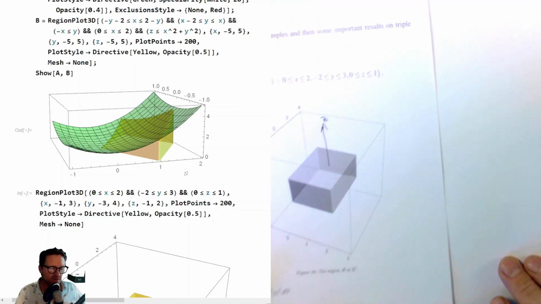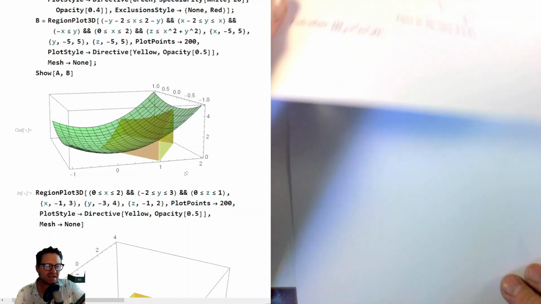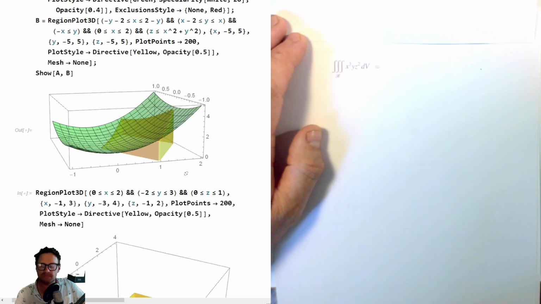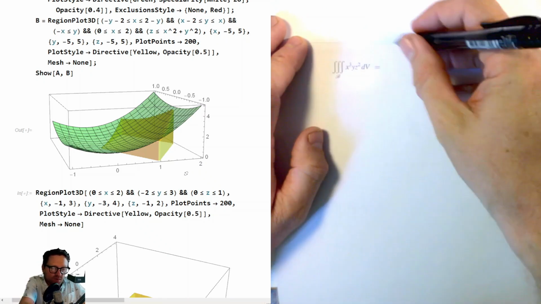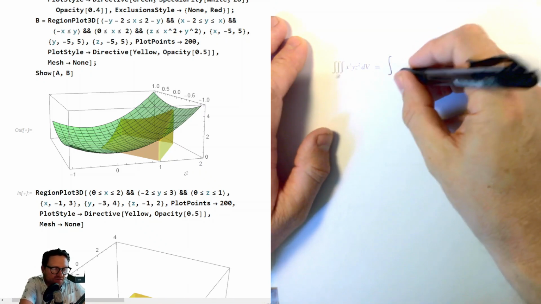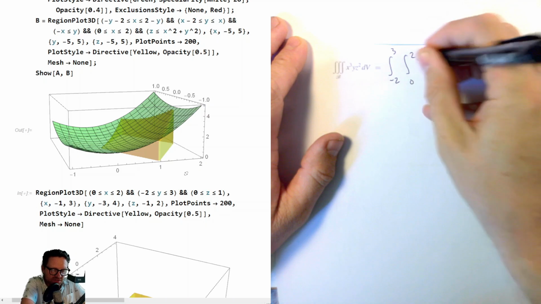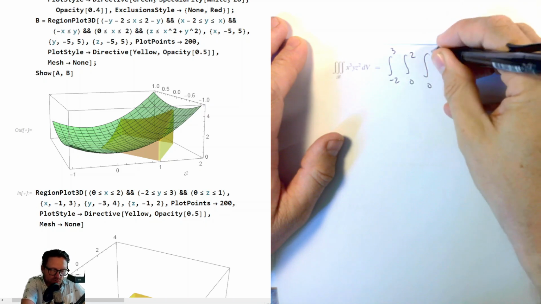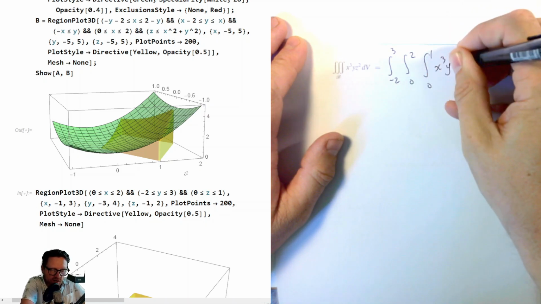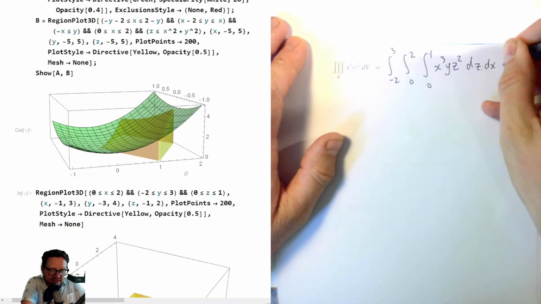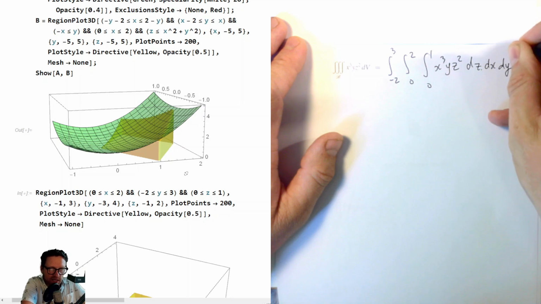All right, let's move on and calculate that. So leave that one there for now. So we write this as the integral from -2 to 3, integral 0 to 2, integral 0 to 1 of x cubed y z squared dz dx dy.